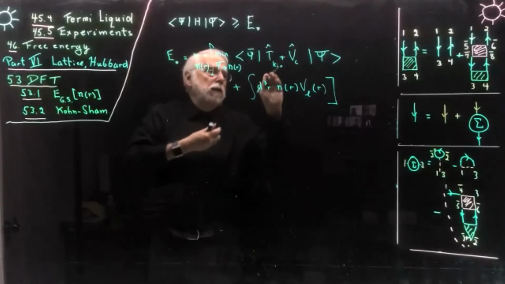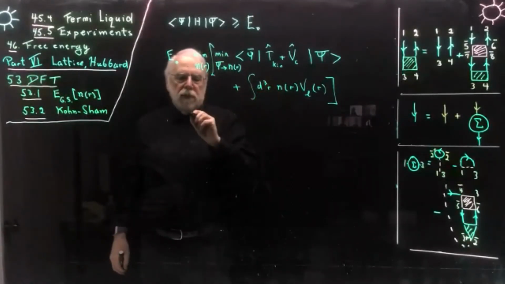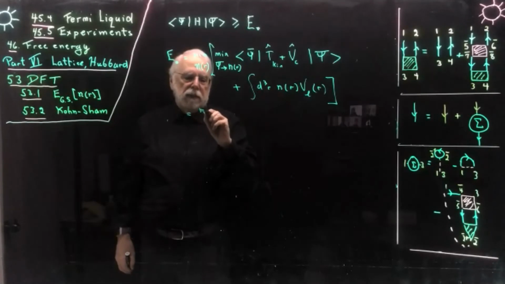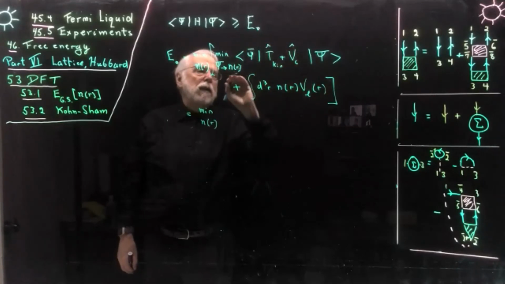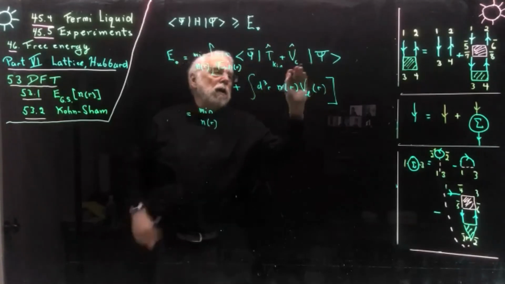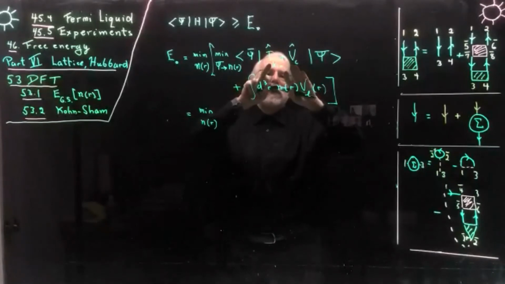So this function I can write as the minimum over n(r) of a function of density, because I minimize over the wave functions. This does not depend on the position of the ions.